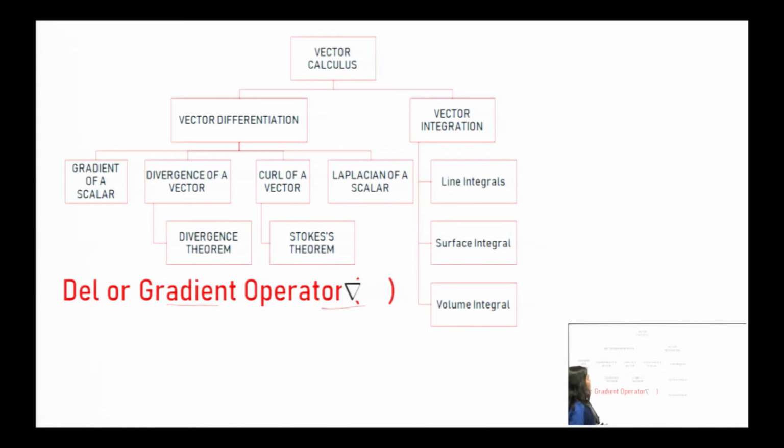Further, the divergence of a vector is nothing but the dot product of a vector field and the Nabla operator or del operator. Curl is the cross product or vector product of the Nabla operator and a vector field. Similarly, the Laplacian of a scalar is nothing but the double differentiation of any field.